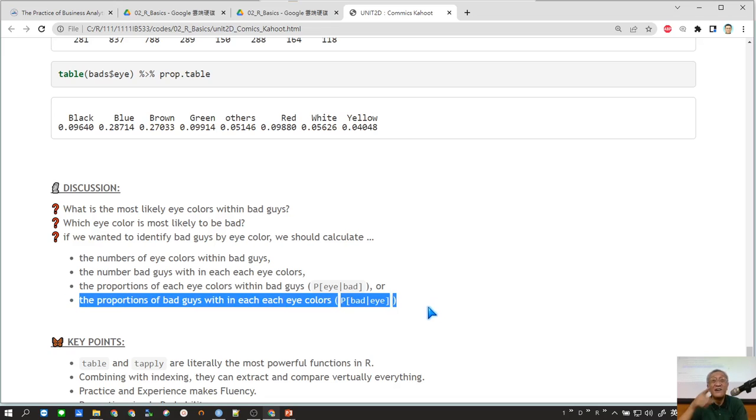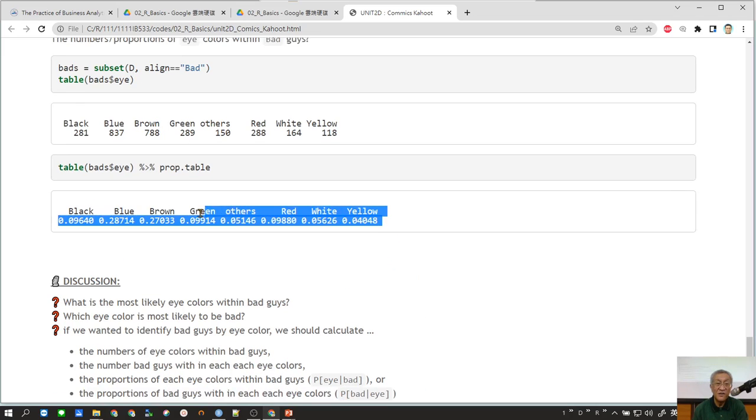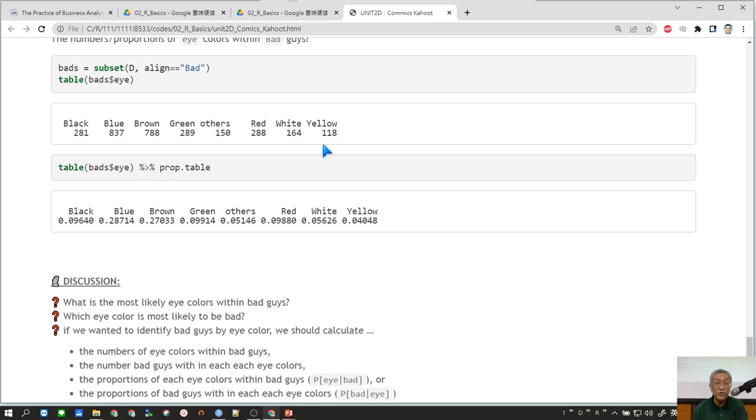Okay. In the last table, if we add all the numbers, it will give us 1. Right. What does that 1 signify? Does it give you the total number of bad guys? If you want to know the total number of bad guys, you should add the counts, right?